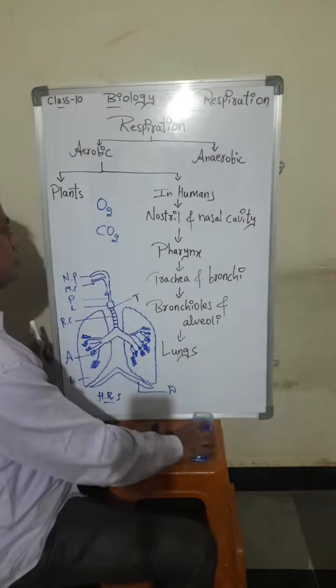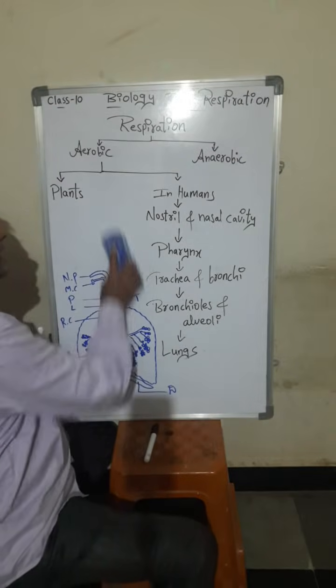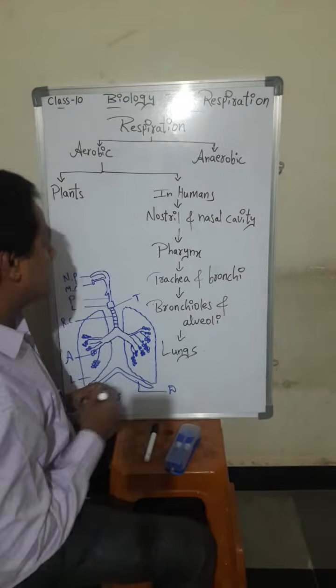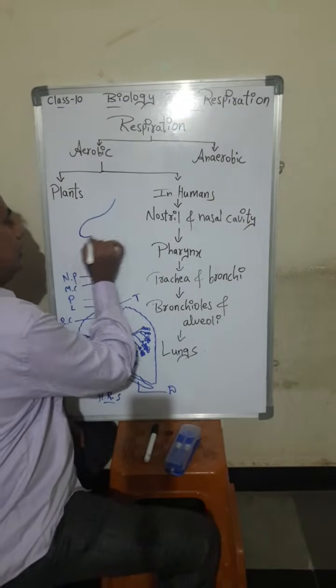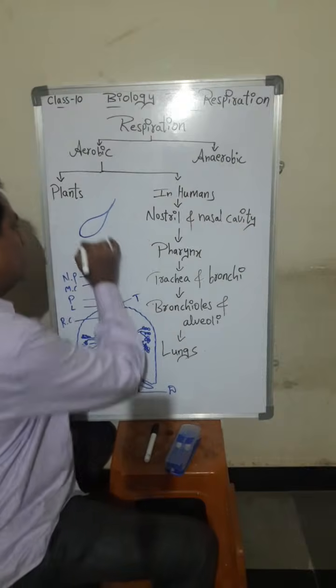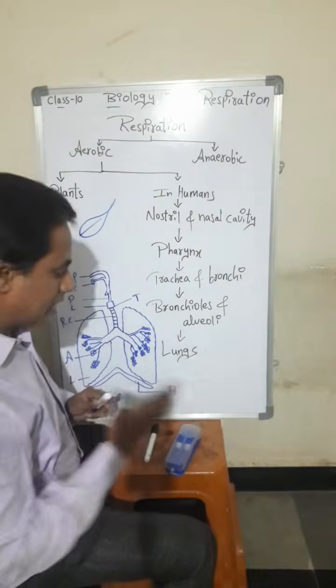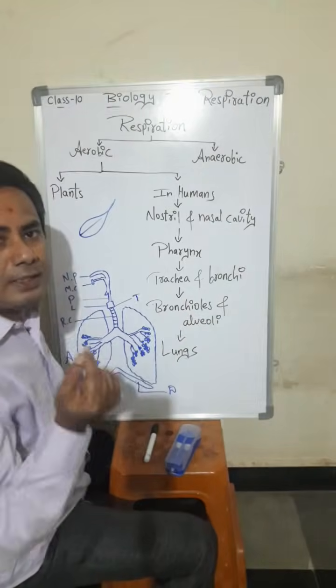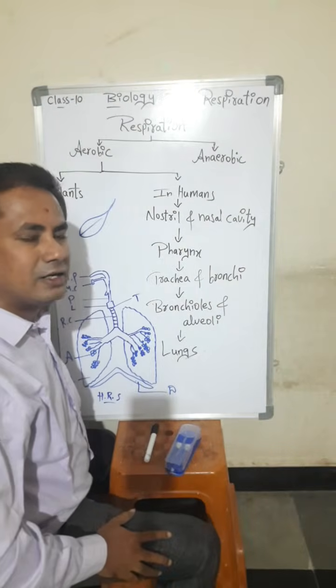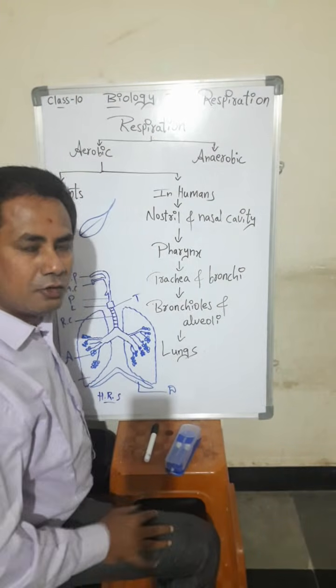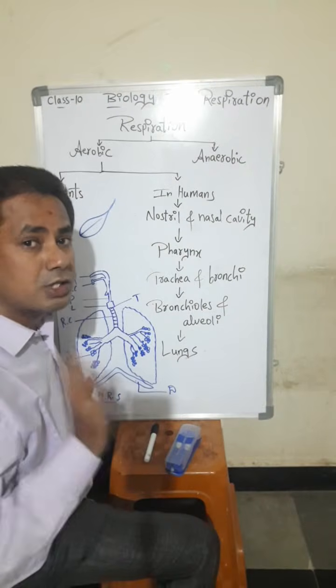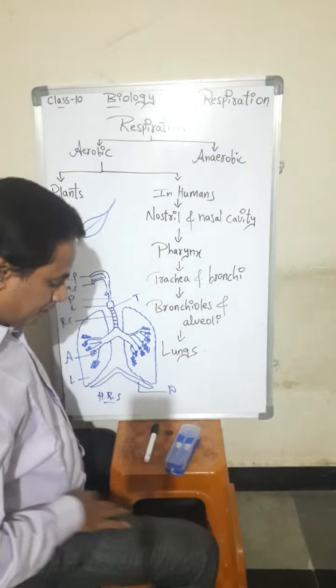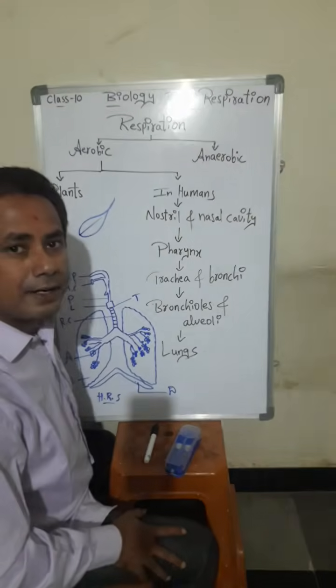Plants, how do they respire? See, there is a leaf. Below the leaf there are tiny pores. Pores means just holes, very small holes, which we can observe under a microscope. The diagram is there, stomata.